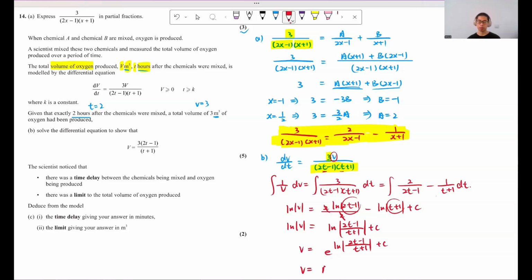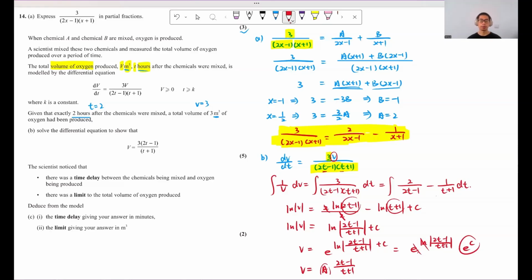We normally use capital A to represent e to the power of c, so let me write it out to make it clearer. That would be e to the power ln((2t minus 1) over (t plus 1)) times e to the power c. Because e to the power c is just some constant, we normally use capital A to represent it. And then e and ln will cancel out, and it just becomes (2t minus 1) over (t plus 1).